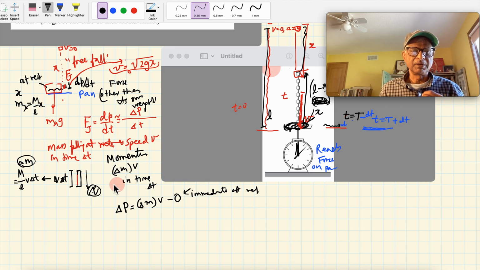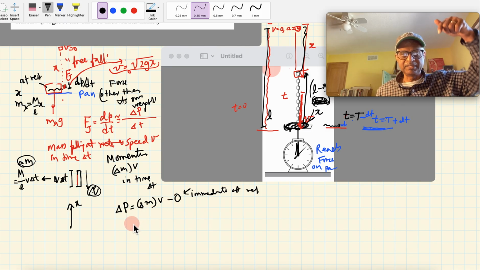If you take this as an x-axis, then this is the final and this is the initial, so it's pointed downward, right?